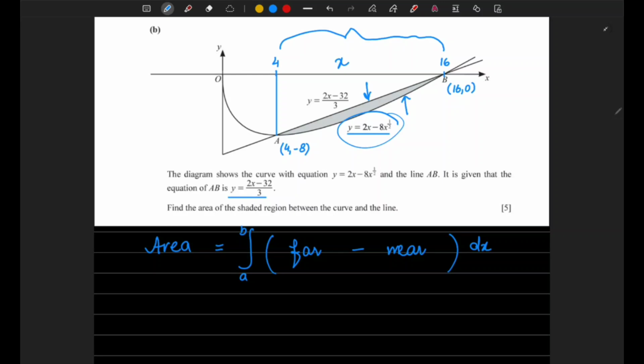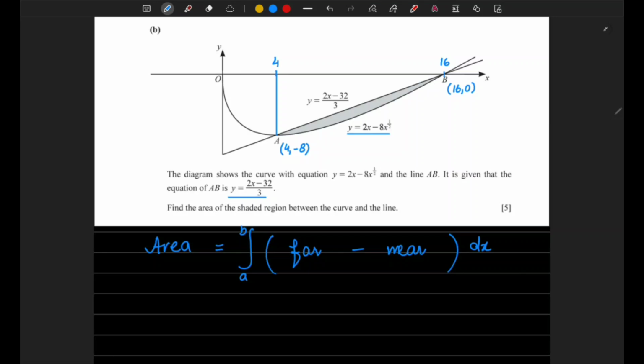The bigger y value, whether positive or negative, would be your first function, and the smaller y value will be your second function, which you subtract from the first. But the best approach, applicable at all times, is far minus near.